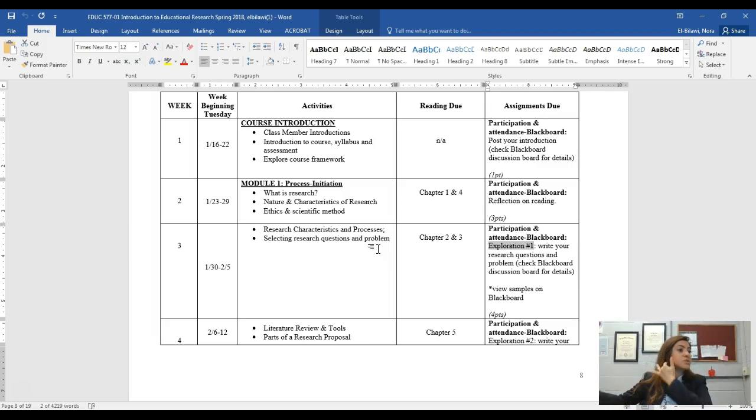Remember, as I told you, the question, the problem, the literature review, and the methodologies, all of that is going to be put together and submitted in your final paper. So this muddy process is adding to your elaborated final paper.